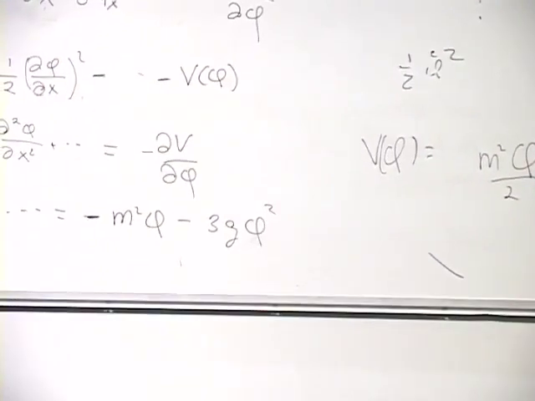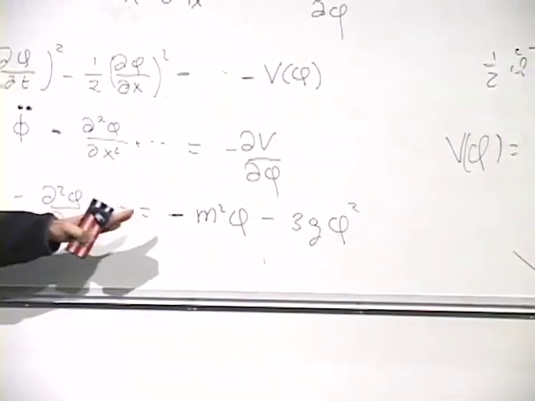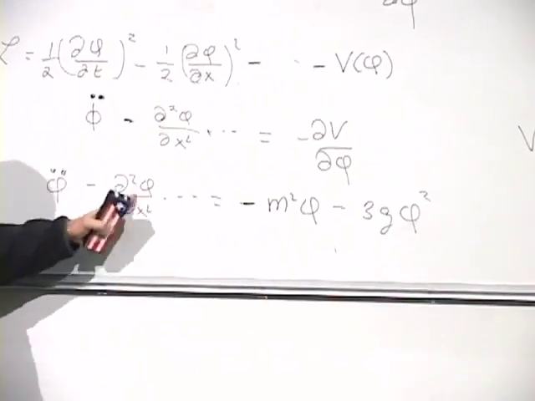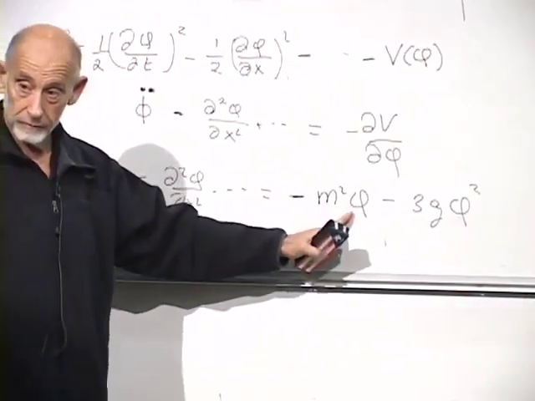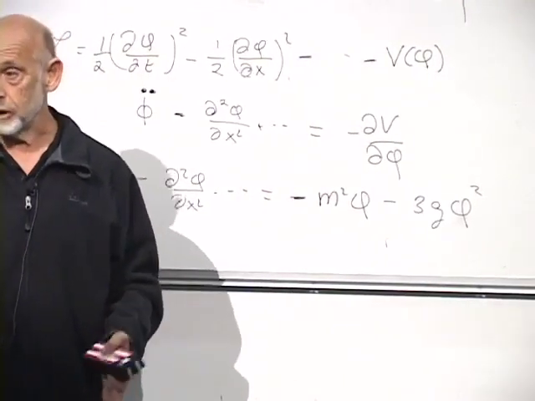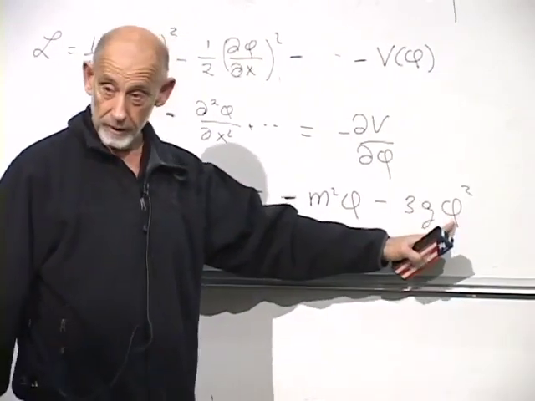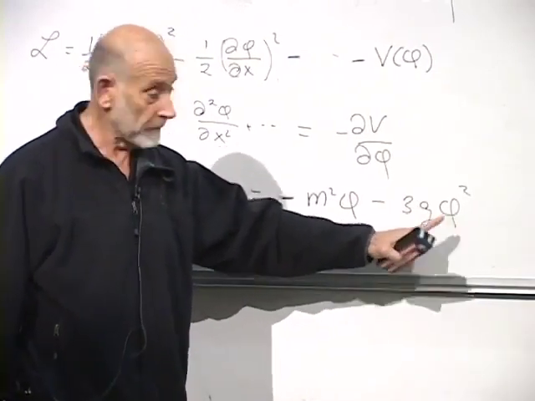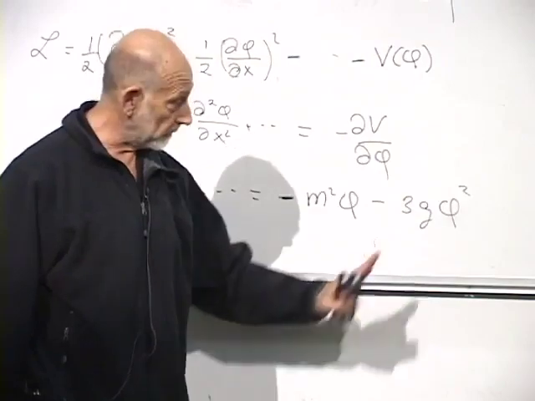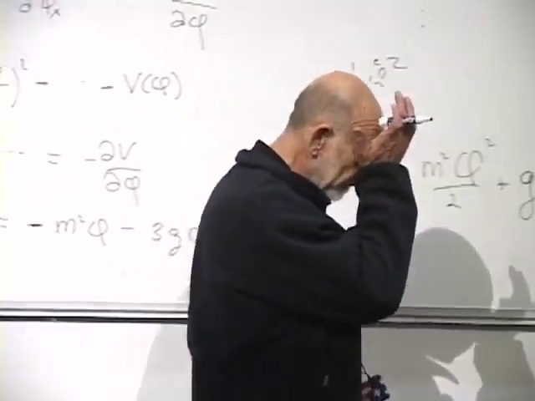The equation of motion would no longer be linear. Linear means only contains first powers of derivatives and the field itself. If an equation is linear, it means you can add solutions and get new solutions. But now we have a nonlinear term in the equations of motion. Nonlinear means quadratic, cubic, any kind of higher power of phi.